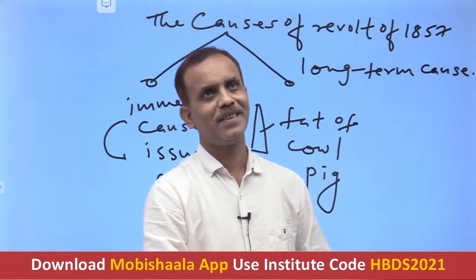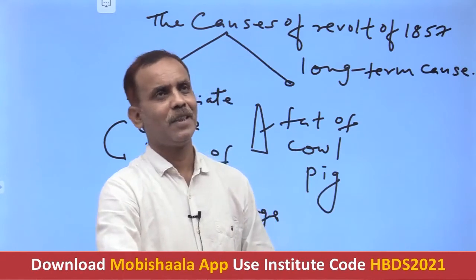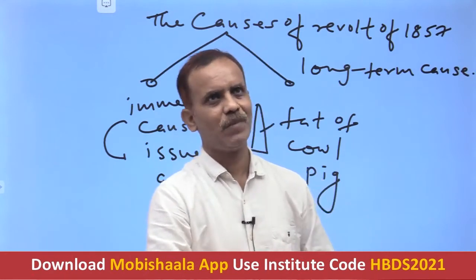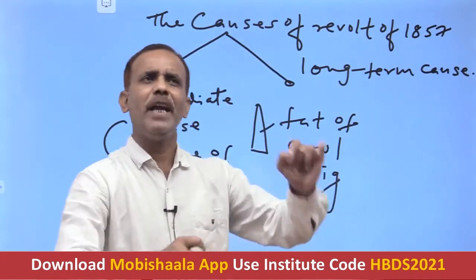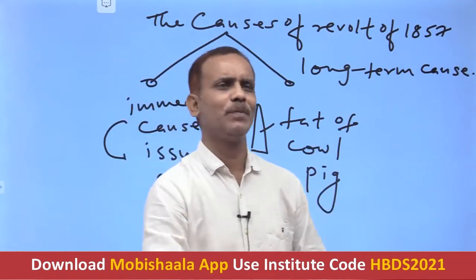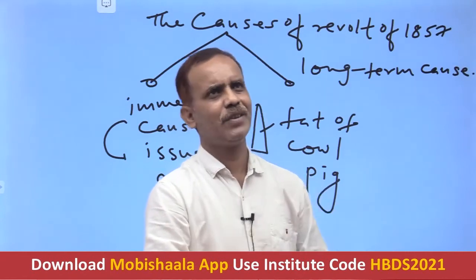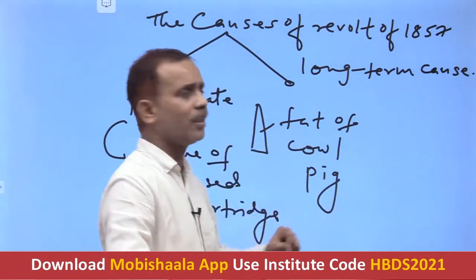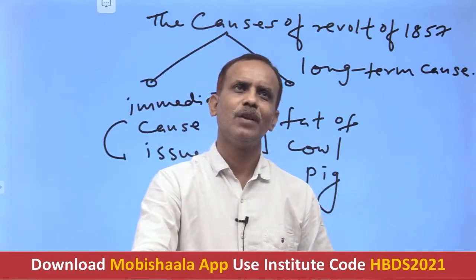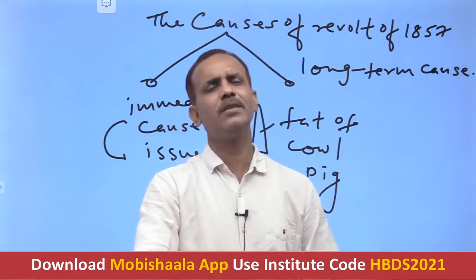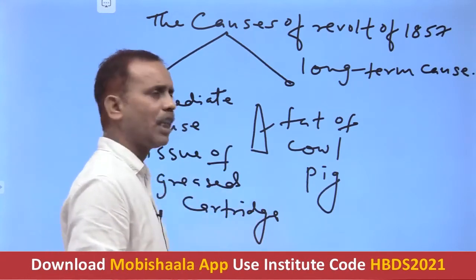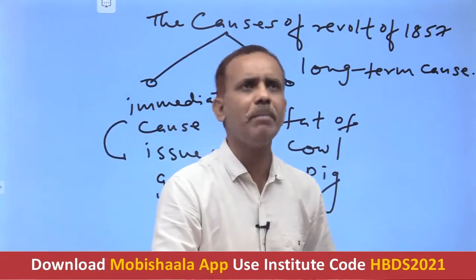But I think it was not a single reason. It was not the main reason. And so we have to throw light on the long-term reason behind the occurrence of this revolt. Though it was said by some historians that it was a sepoy mutiny, because first time it was led by sepoy of British army.